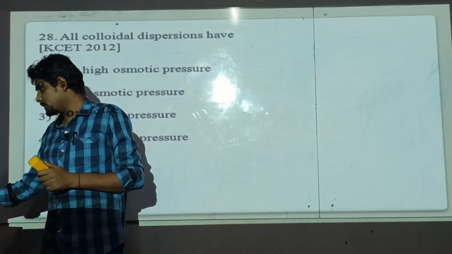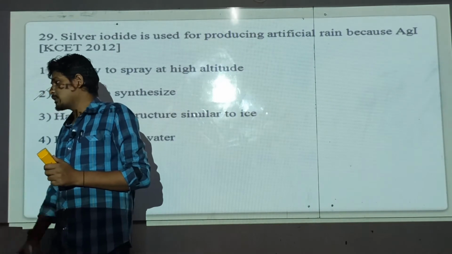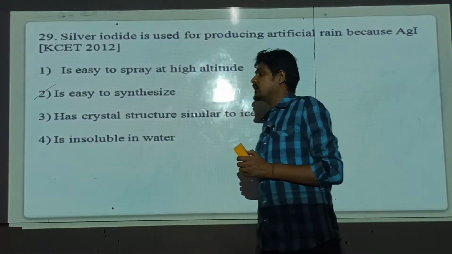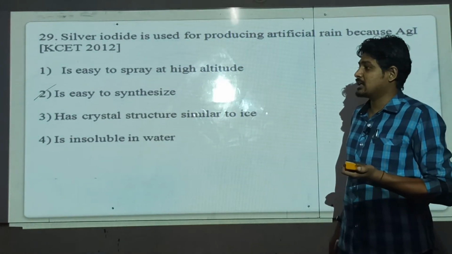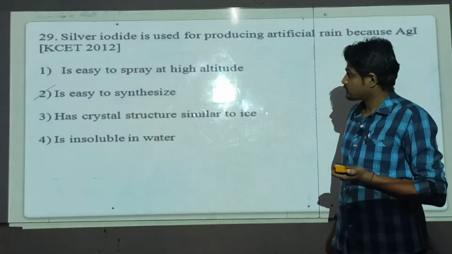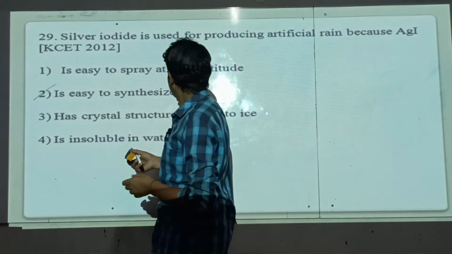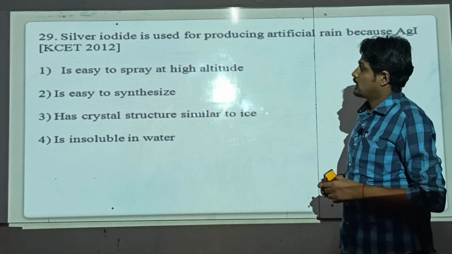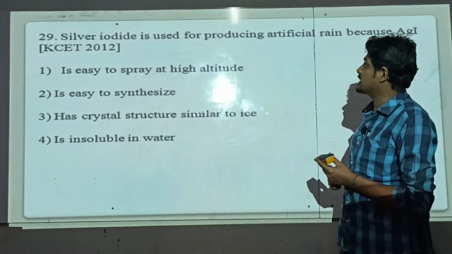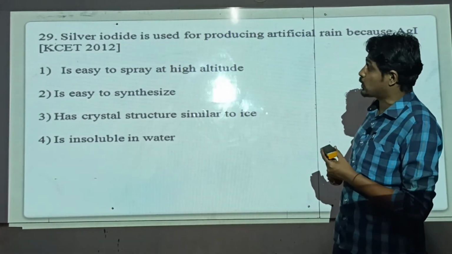Moving on to the next question. Question number 29. It is saying that silver iodide, AgI, is used for producing artificial rain because of what?